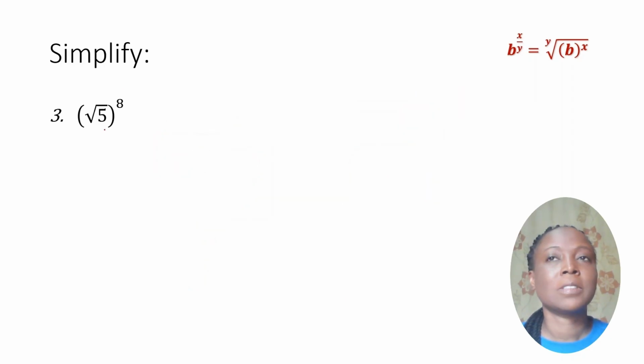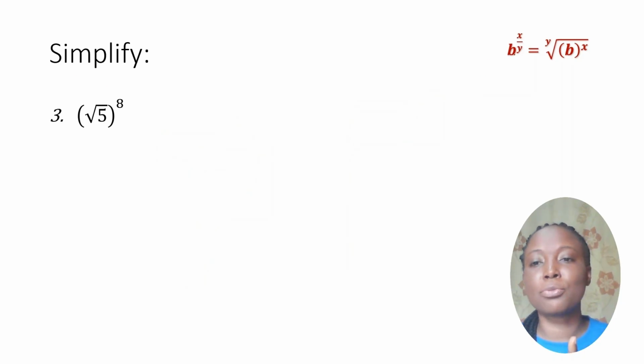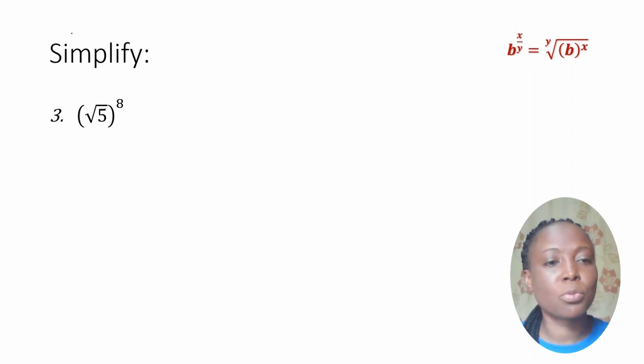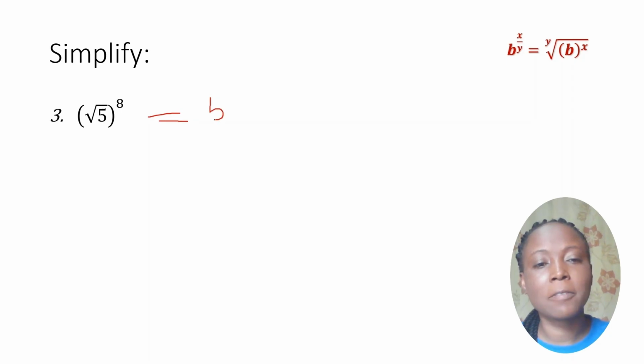Example 3. Now this is like taking the reverse of what we know. Remember, I told you from this rule that when you want to solve this question, the denominator is the root, then the numerator becomes the power. So if I am to write this, reverse it, it means that this is going to be 5.